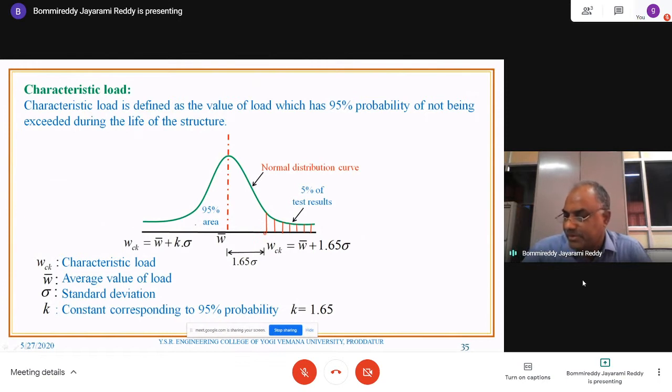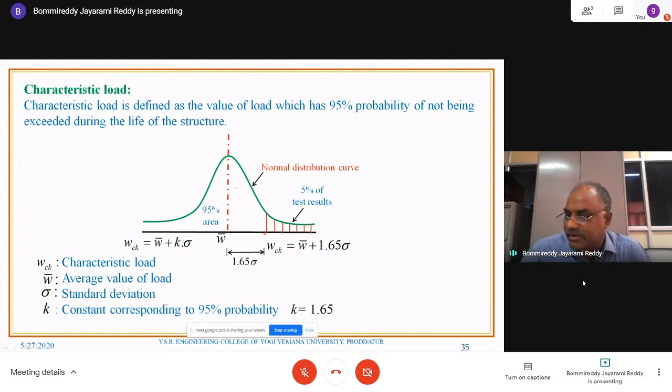In the same concept, earlier characteristic strength is this. Now it is called the characteristic load, average load. Earlier average stress, now it is average load. So what is the limit for characteristic load? 95% of the load must be within this area, less than the characteristic load. So you can see that this is 95% of the area.